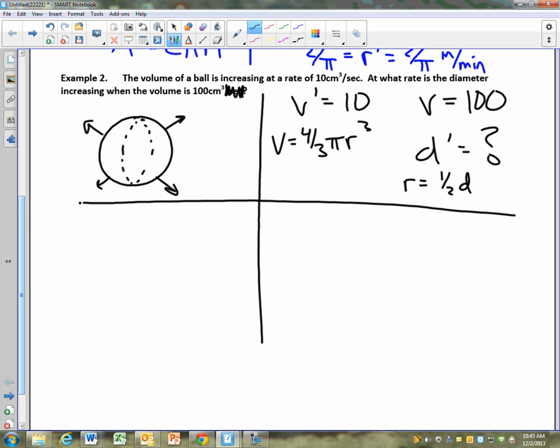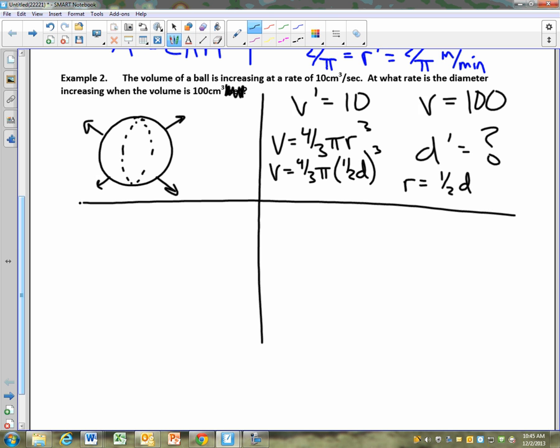Well, now I've got a formula I can use, right? Volume is equal to 4/3 pi times 1/2 diameter to the third. What is 1/2 to the third? 1/8. And then 1/8 times 4/3 is 4/24.